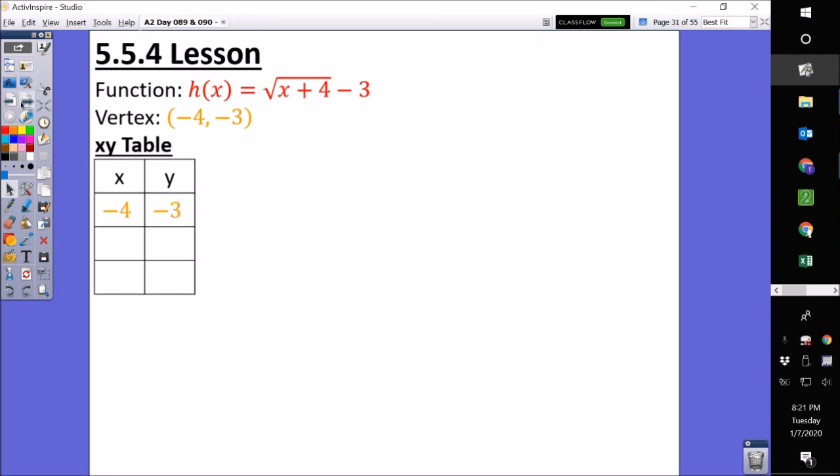Now, finding x values for this one is different compared to cubic, absolute value, and quadratic. When working with square root, we have to be very careful about which x value to use. The reason is that the single number you have inside the square root has to be able to be square rooted, meaning you can only have perfect square numbers.